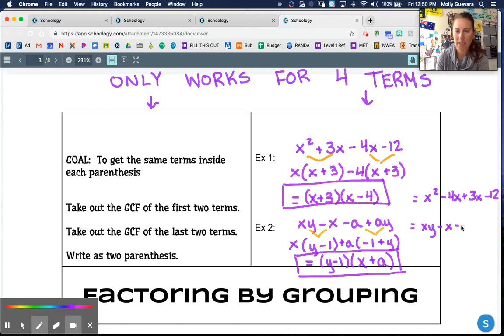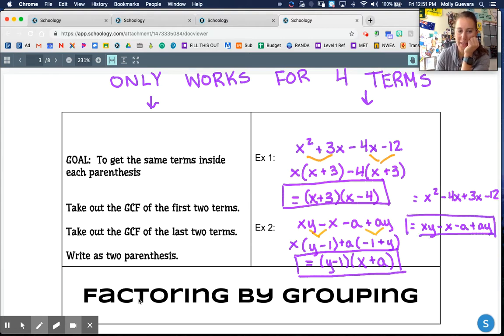There we go, minus a plus ay. It's a negative, negative. Okay, so I get what I started with.